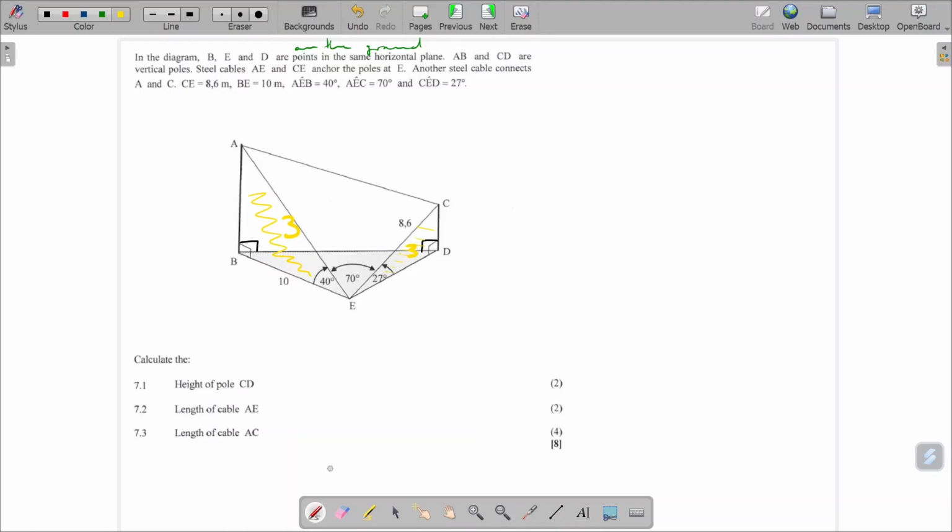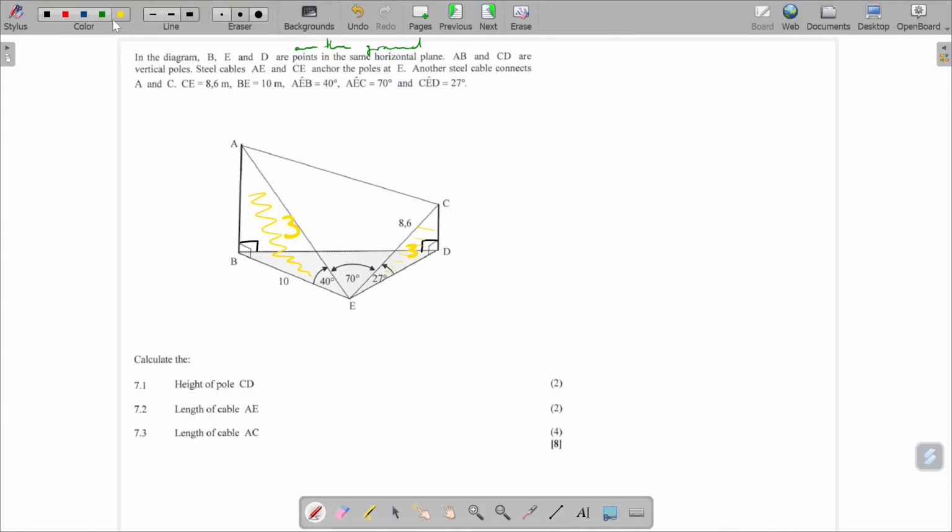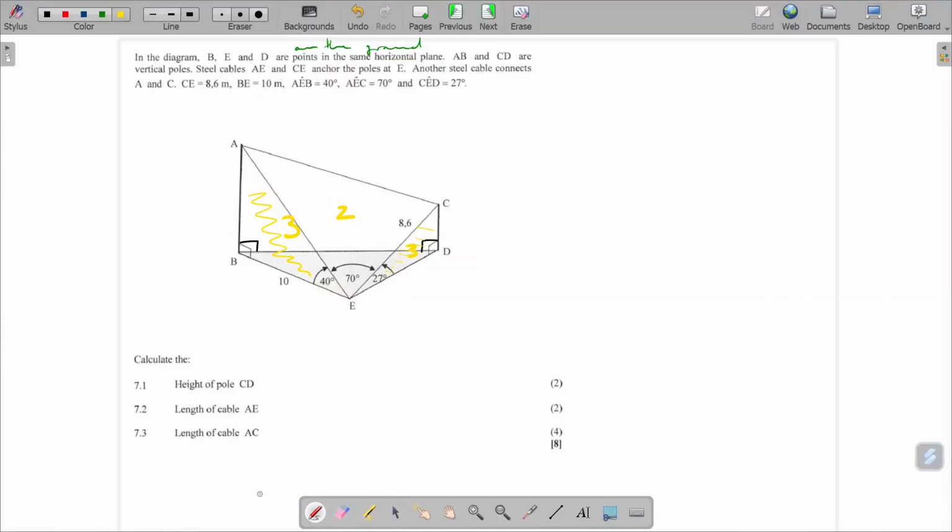The triangle ACE, this middle triangle, currently we only know 2 facts. And the bottom triangle, BDE, the horizontal plane shaded in slightly dark brown, slightly grey, we currently only know 1 fact, and that is that BE is 10.